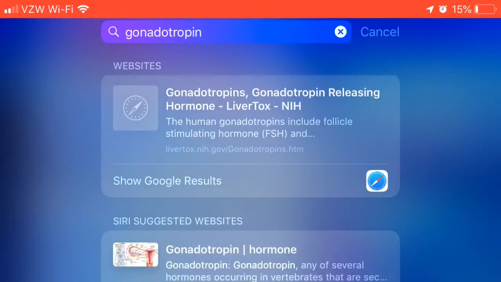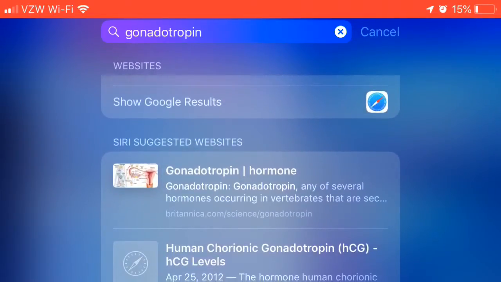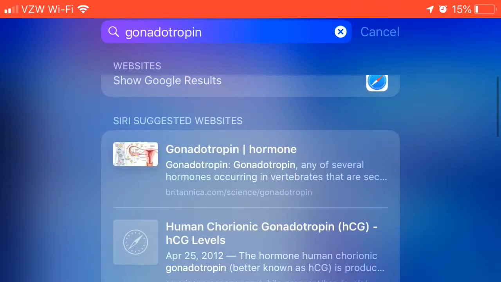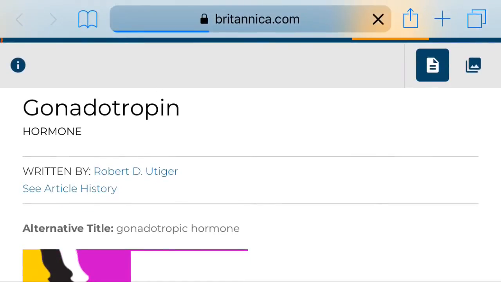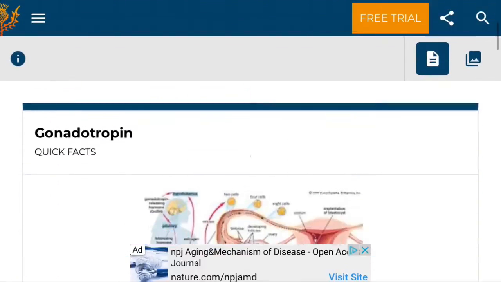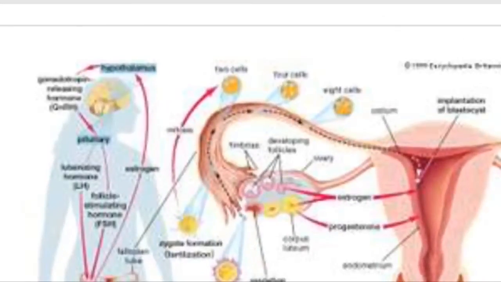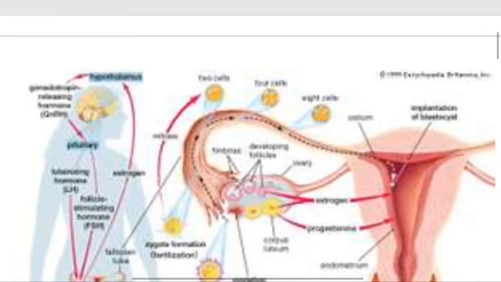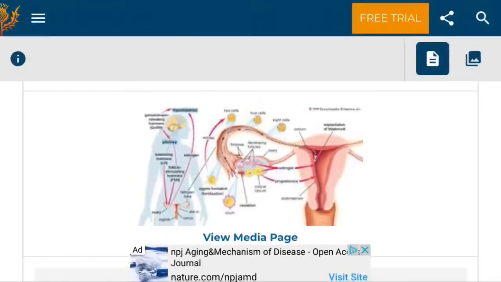There we go. Gonadotropins. Oh, it's a category. Let's check out Encyclopedia Britannica. I normally use Wikipedia, but this one is written by Robert Utiger. It'd be funny if people used Encyclopedia Britannica as a source for their Wikipedia articles.